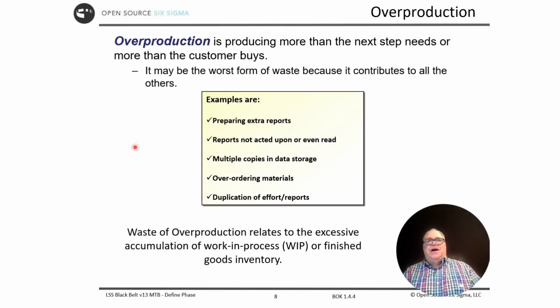All right, let's start off at the top. Overproduction. Overproduction means producing more than the next step needs, or the customer can buy in any time period. So we're just shoving stuff into the production environment, whether we need it or not. So we're kind of operating by schedule versus operating by demand. And boy, I've seen all of these in projects over my career.